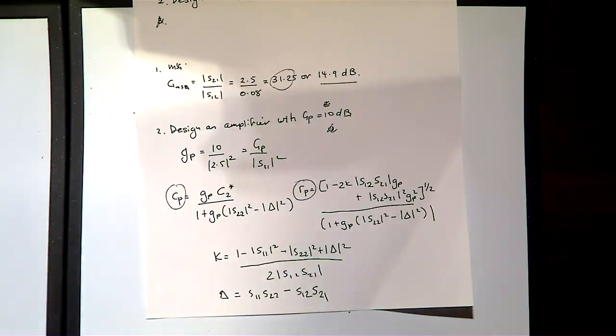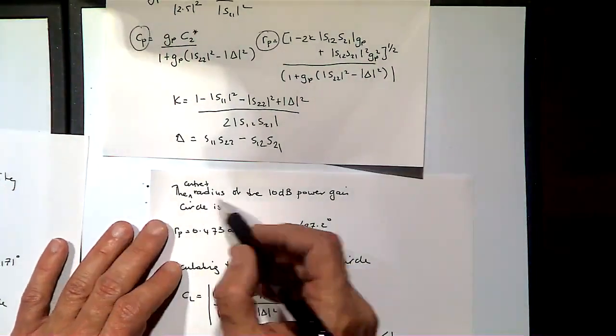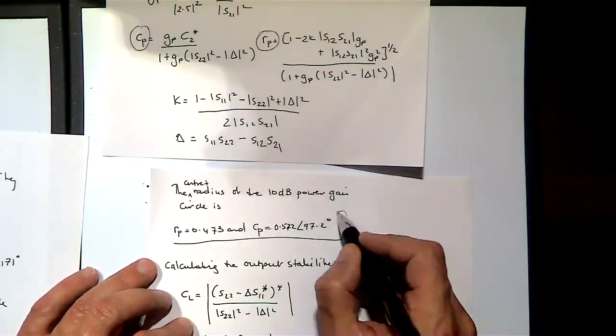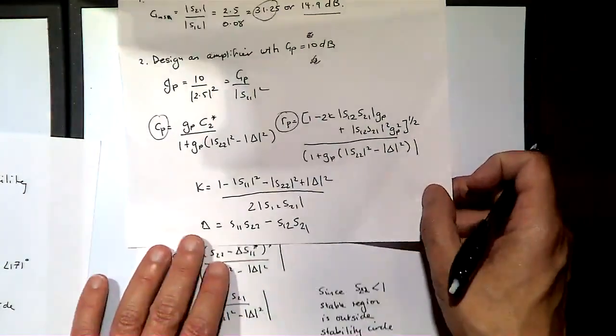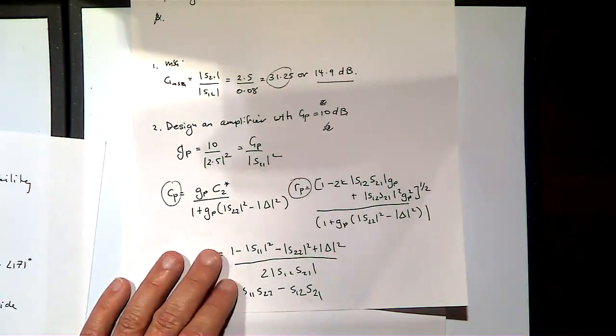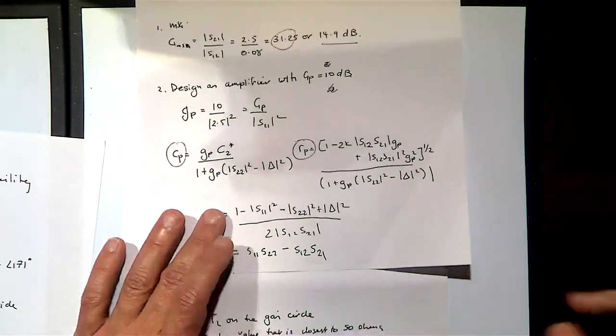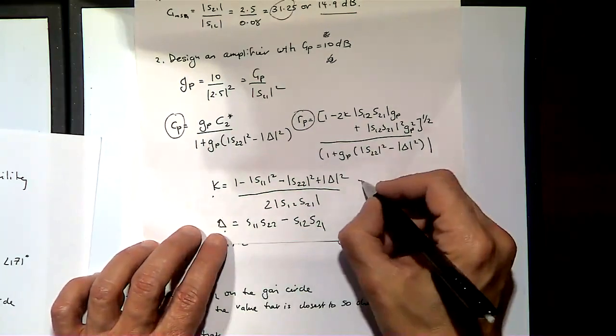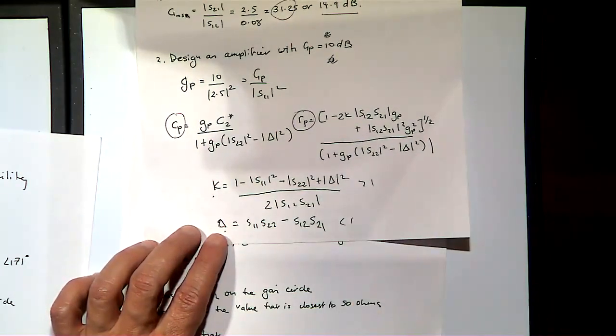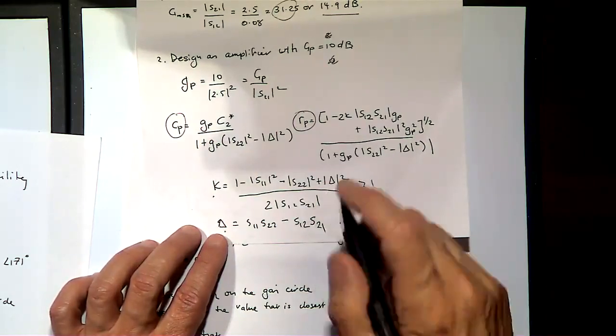All right, and you can work out what CP and RP is in order to achieve this. Now, what do we have to also do? Usually we have to draw the stability circles, but if it's unconditionally stable, let's say we did the test, what test would we use in order to work out if the system's unconditionally stable? Kappa delta, right? We will calculate kappa and delta. We're going to make sure that kappa is greater than 1 and delta is less than 1, right? Stability test.